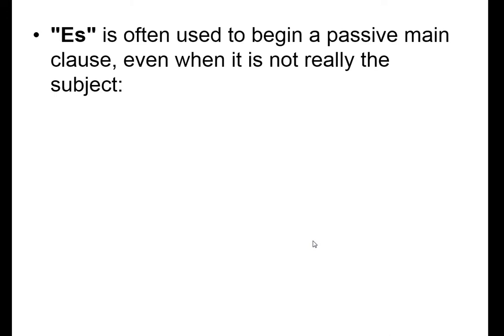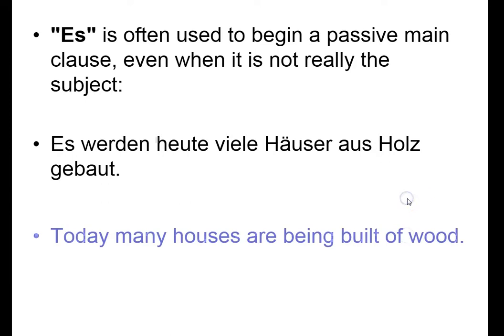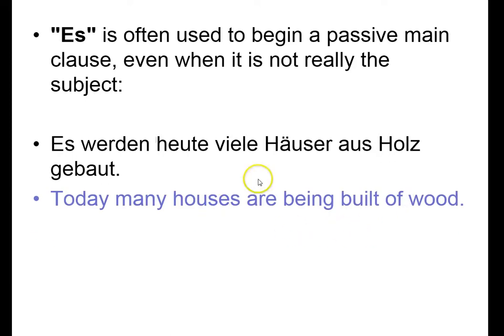So let's delve a little deeper. If we have multiple clauses in a sentence, so we have a compound or complex sentence or a compound complex sentence, sometimes we see this used even when es is the real subject. So, es werden heute viele Häuser aus Holz gebaut. So really what's being built here is the houses, right? So the houses are really the subject.